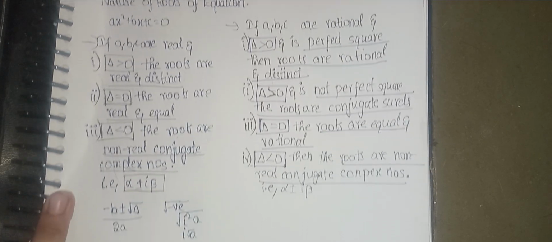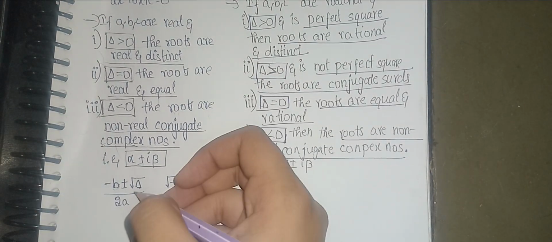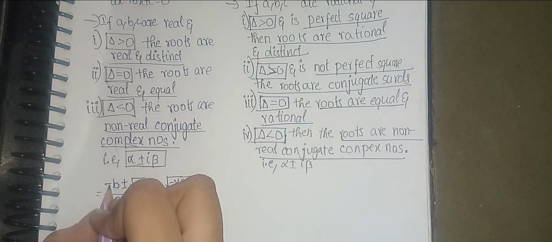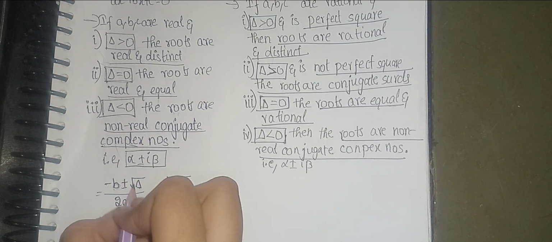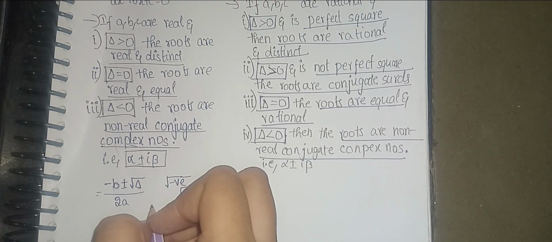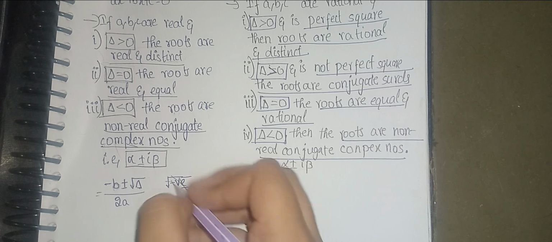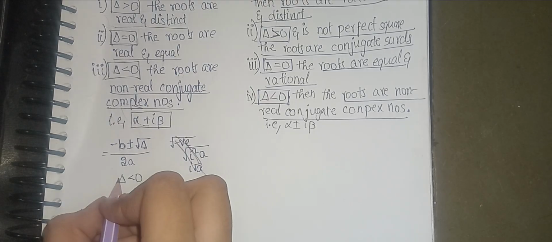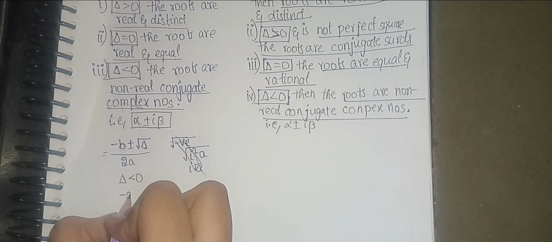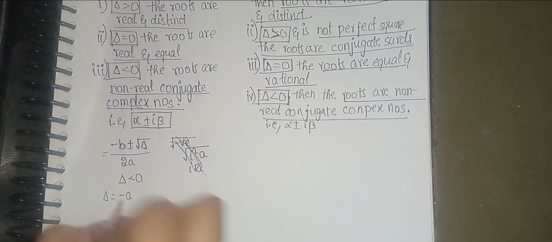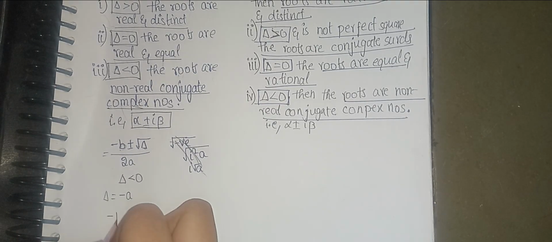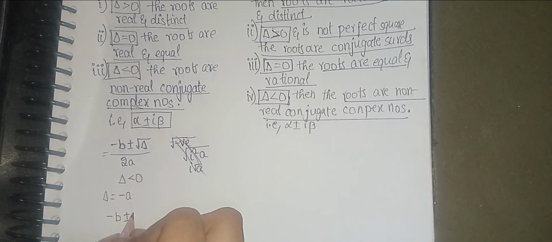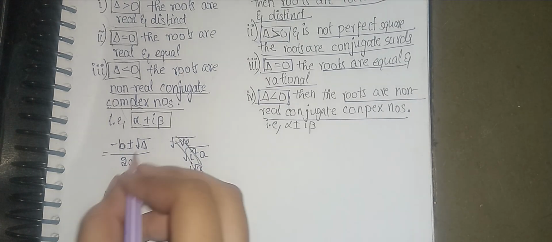See, what is the roots formula? Minus b plus or minus root over discriminant, by 2a, right? If discriminant is negative, consider discriminant as minus x, because minus b plus or minus root over minus x would create confusion.